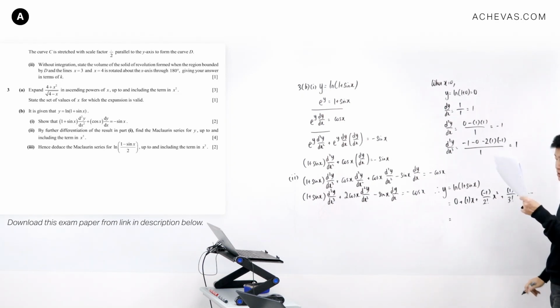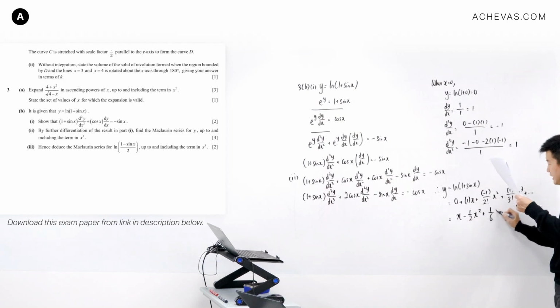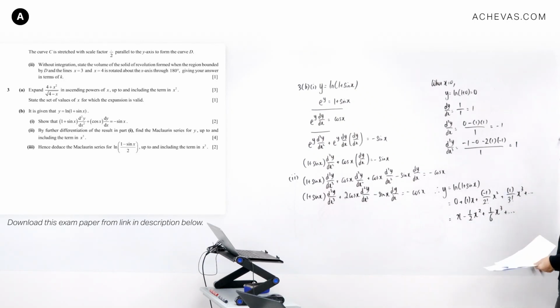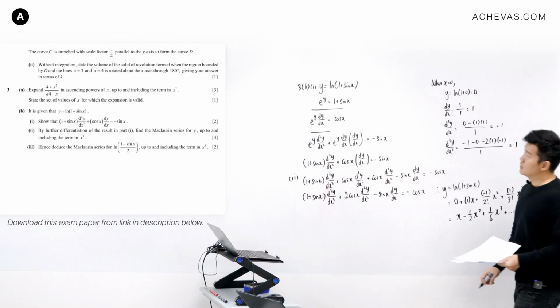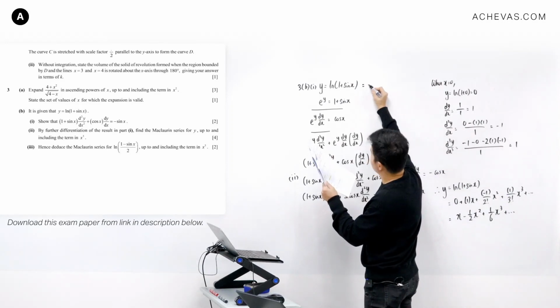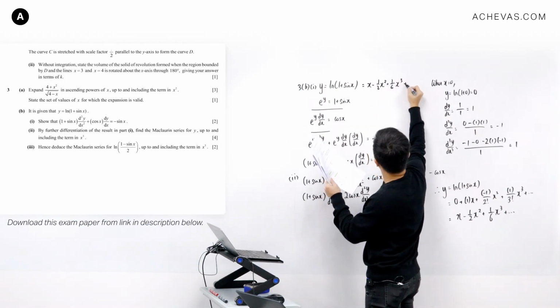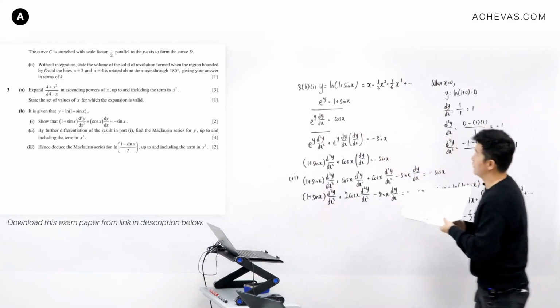This is going to be equal to x minus 1 over 2 x squared plus 1 over 6 x to the power of 3, and all the way until infinity. So this is the result that I've gotten for part 1. Let me just write it down here because we are going to be using it for the next part: x minus 1 over 2x squared plus 1 over 6x to the power of 3 all the way until infinity.